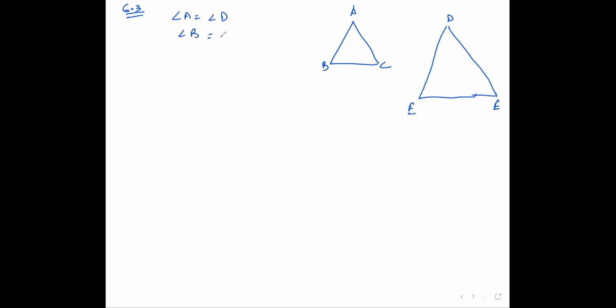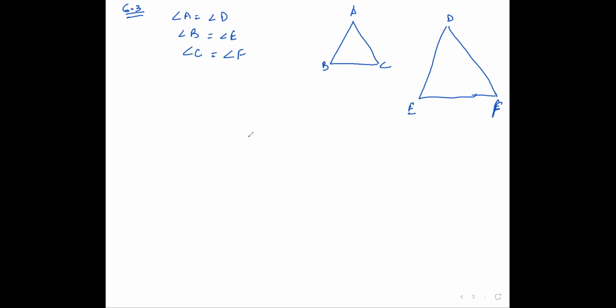The theorem says that in any two triangles, so you have a triangle ABC, and then another triangle DEF, corresponding angles are equal. So if angle A is equal to angle D, angle B is equal to angle E, and angle C is equal to angle F, then if all the angles are equal, their corresponding sides are in the same ratio.